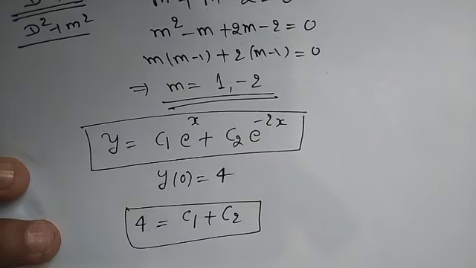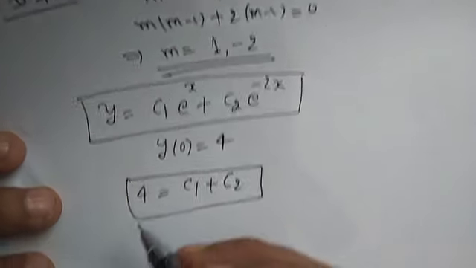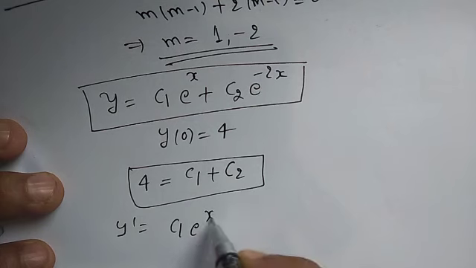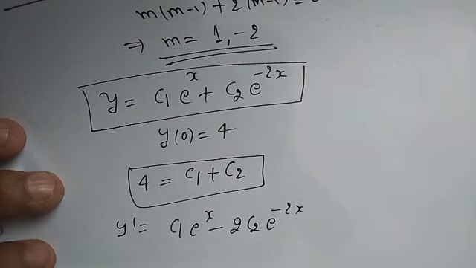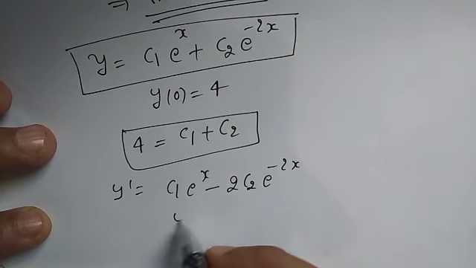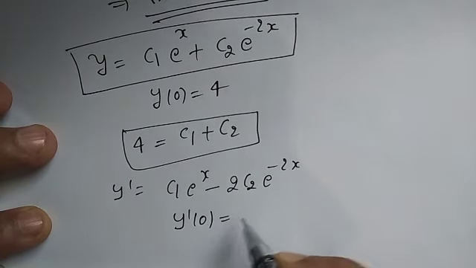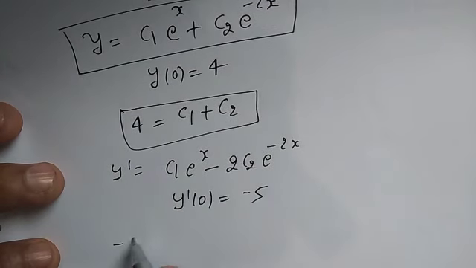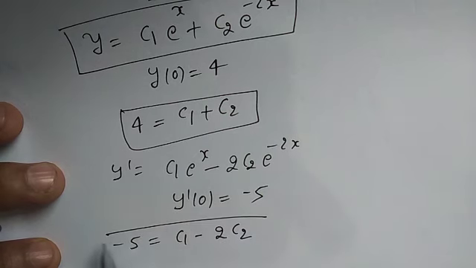Second, y dash (0) equal to minus 5. So let us find y dash first. y dash equal to c1 e power x minus 2 c2 e power minus 2x. Now the second condition is y dash (0) equal to minus 5, so minus 5 equal to c1 minus 2 c2. This is the second equation.